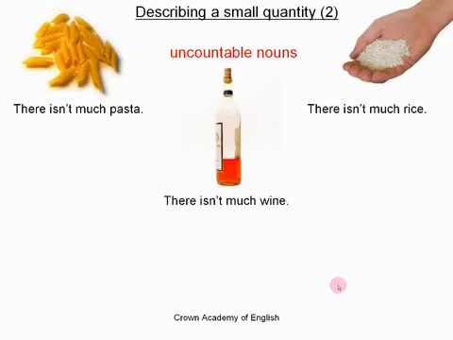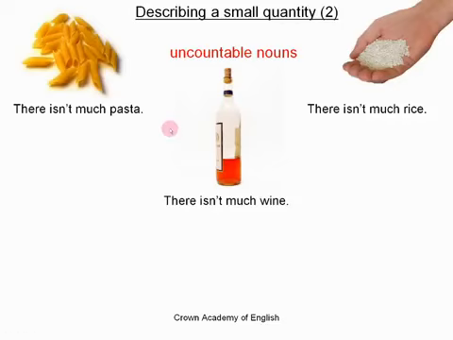And obviously, as we said before, uncountable nouns are always in the singular. And again, they are all negative sentences. This is the contracted form of is not. Isn't. Isn't. There isn't much wine. All negative sentences.